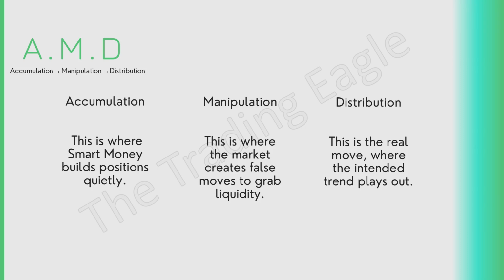Then the distribution stage is where the real move happens, where the intended trend plays out, which is where they want to go all along. So think of the market as a machine, or like I said earlier, the algorithm, and it delivers price in three distinct phases: the accumulation phase, manipulation phase, and the distribution phase.